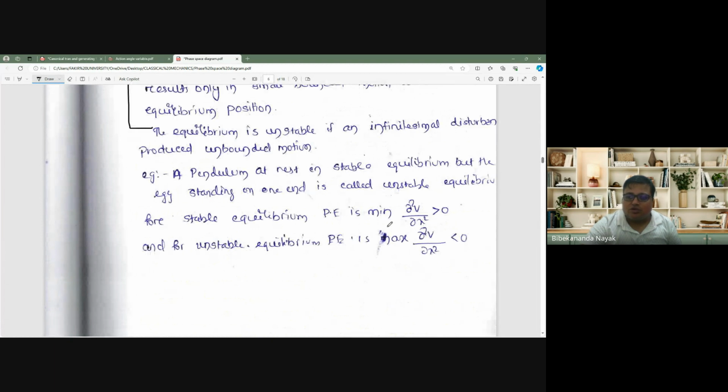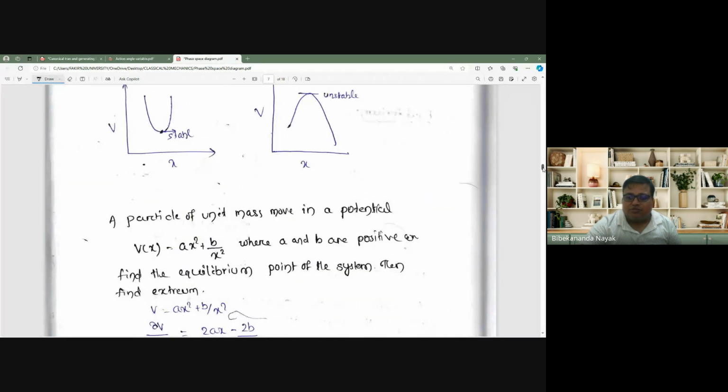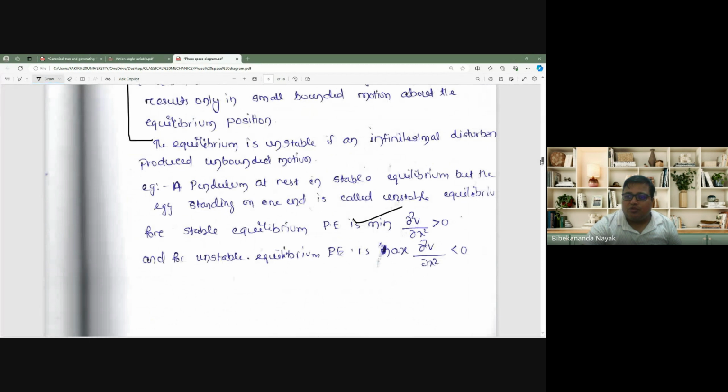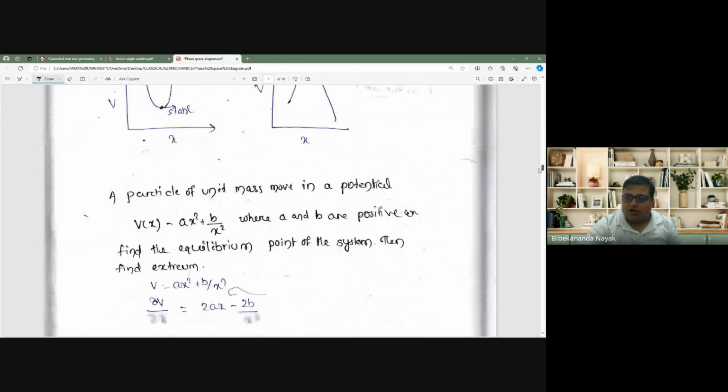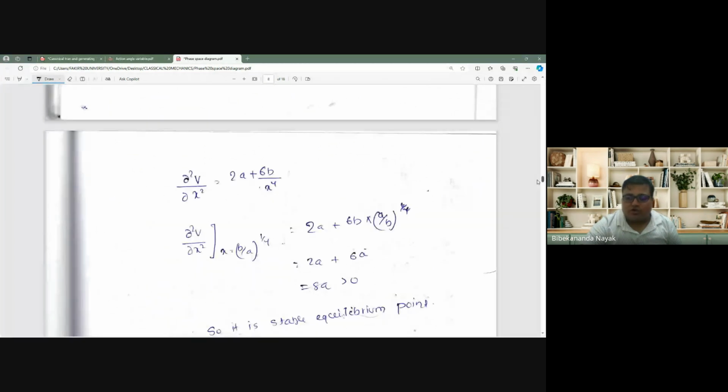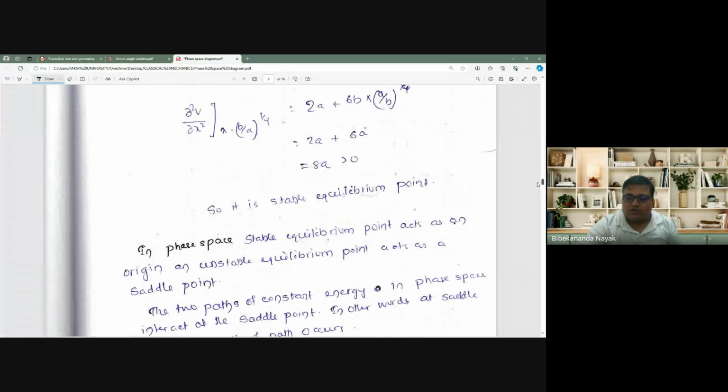In phase space, the stable equilibrium point acts as the origin and the unstable equilibrium point acts as a saddle point, meaning an intersecting point.